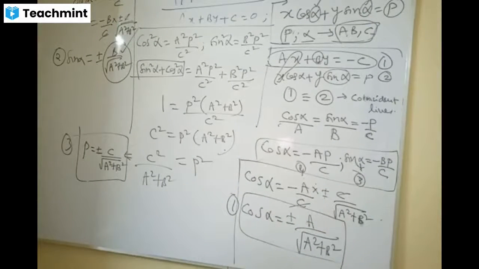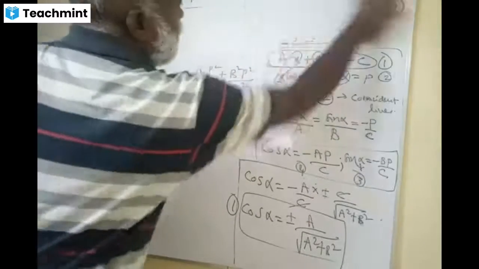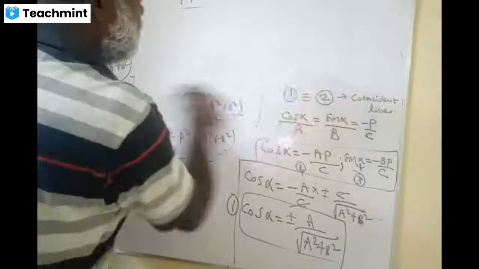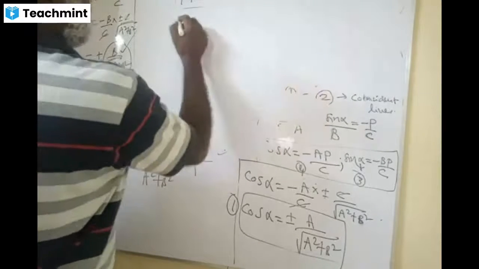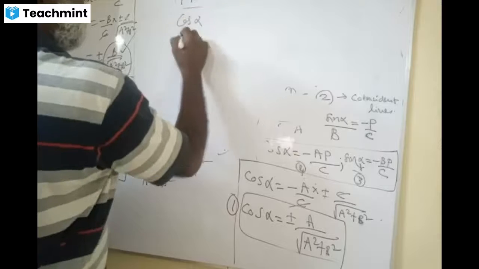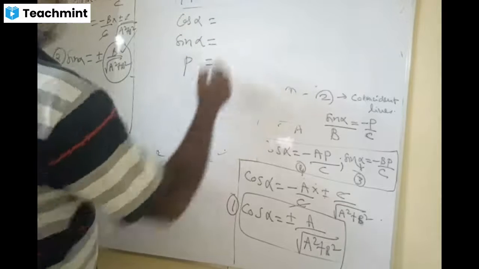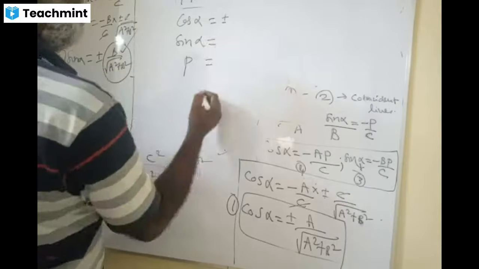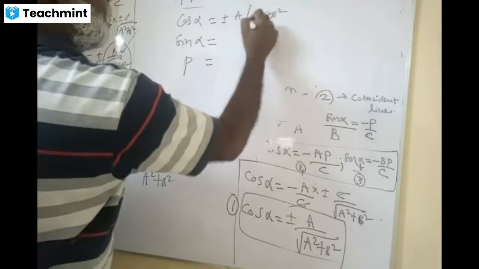All of you observed it, please. Watch here, what a brilliant one. We are supposed to write cos alpha, sin alpha, and P. Here, plus or minus A by root of A square plus B square.